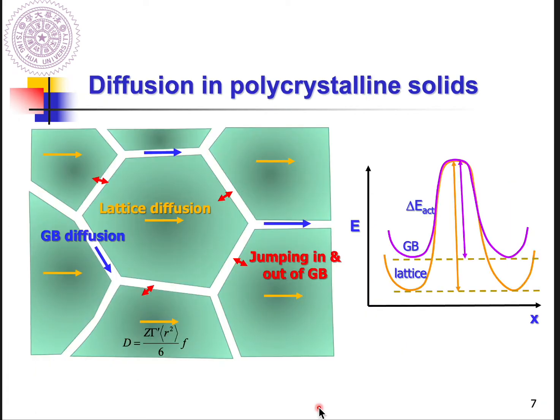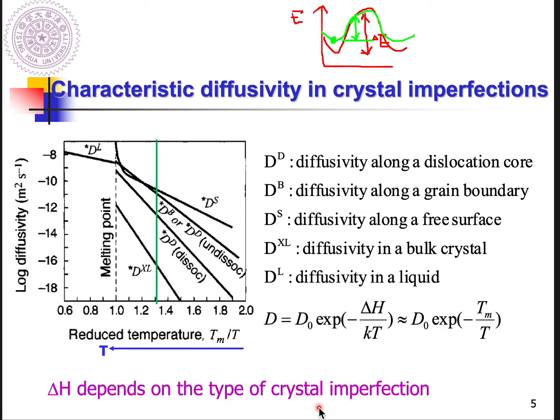For example, if you plot log D versus 1 over T and you just get one straight line, that means within your working temperature, only one diffusion channel, one diffusion mechanism dominates. Your diffusing atoms just diffuse through a single diffusion channel.